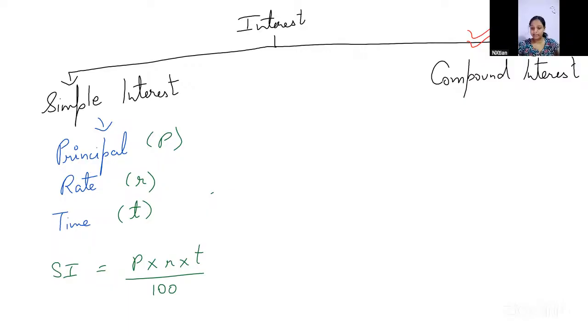Today, tell me, did you understand how to calculate simple interest? Principal, rate, time, into 100, divide by 100. Understood the formula? Please write down the simple interest portion. It uses three things: the principal, the rate, and the time.